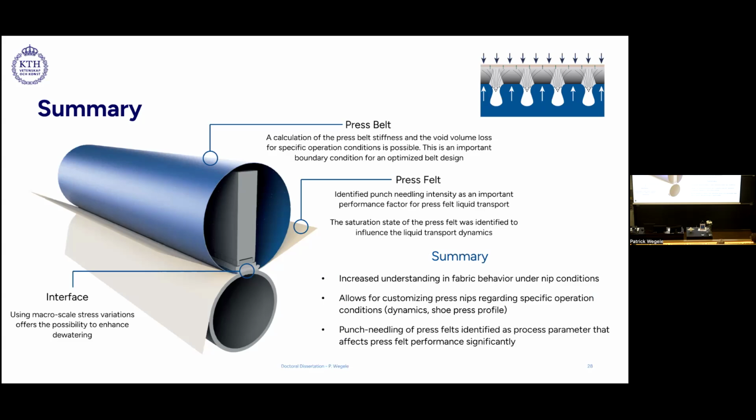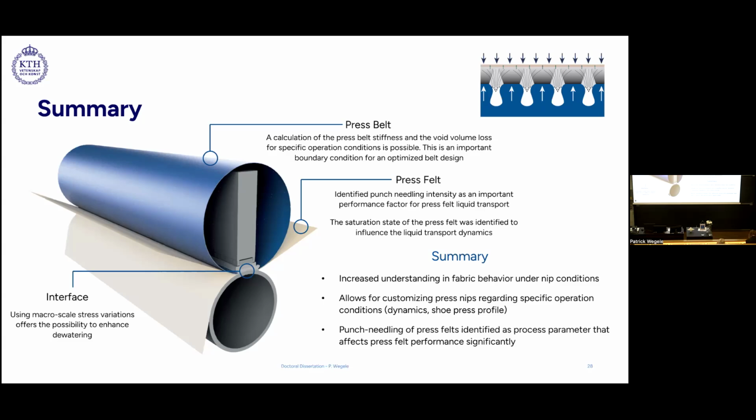So to sum everything up, we created an increased understanding of the fabric behavior under dynamic nip conditions, which allows for customizing the press nip regarding specific operation conditions that further increase the dewatering process performance, which can increase the economical and ecological efficiency of the whole papermaking process, allowing paper to be produced in a more efficient and cheap way.